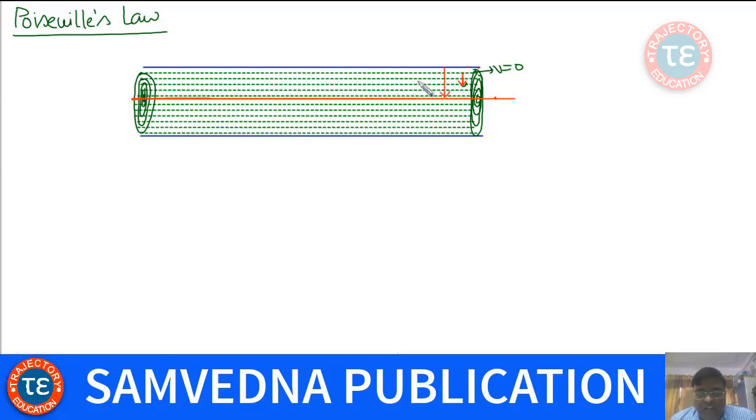Since there is a difference in velocity between two layers, if this is a viscous fluid, you may have a non-viscous fluid also. If it is non-viscous, then there is nothing in it. If it is a viscous liquid, then since there is a difference in the velocity of the layers, there will be viscous force acting on these layers.